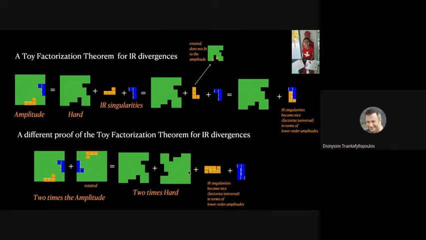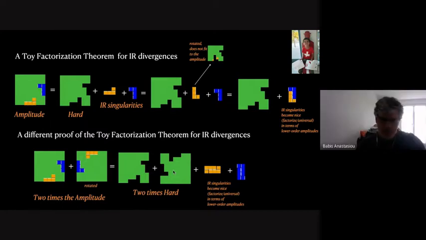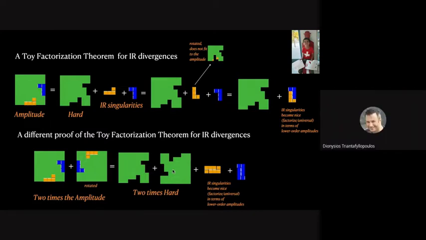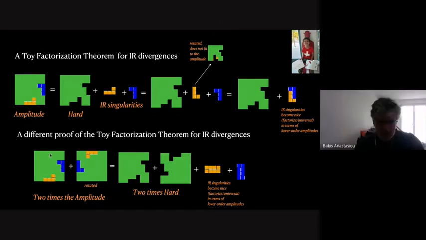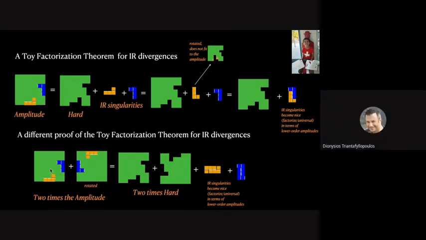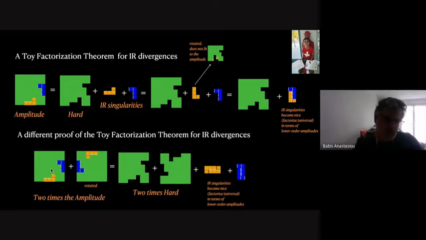So, Babis, can I ask a question? Sure. So when you say you take two times the amplitude, of course, in the end, you need one amplitude, but somehow you take, let's say, half of it, and you take some change of variables, some process of symmetrization or whatever. So in this way, you make local cancellations. Right. So at the end, what you're interested in is the volume of your integral.